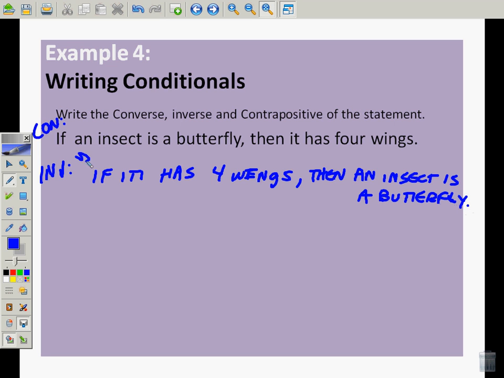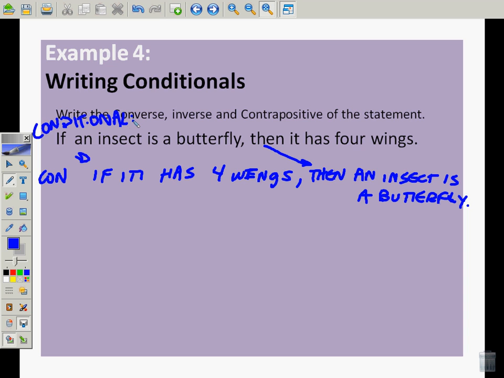So let's write the inverse. I'm sorry, I labeled that incorrectly. You should have told me. This is the converse. This is the conditional. The conditional's up here. This is the converse. Here's the inverse. The inverse is we don't switch them, but we negate them.